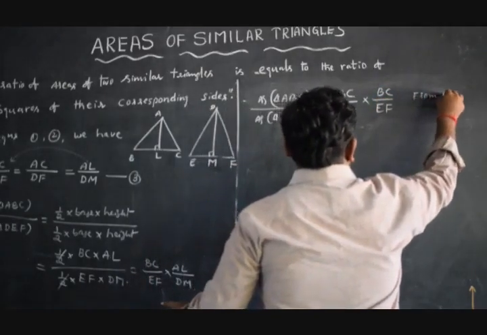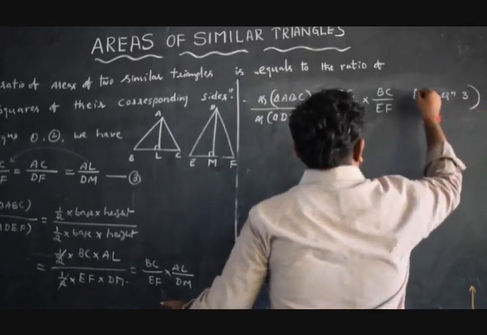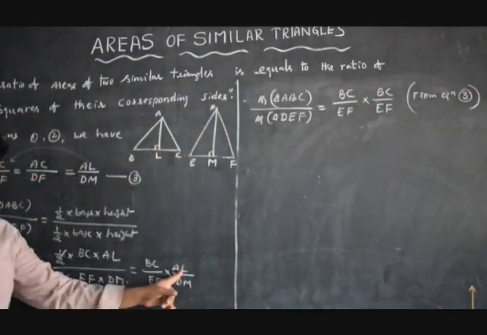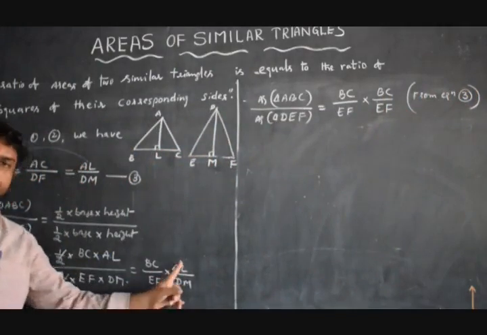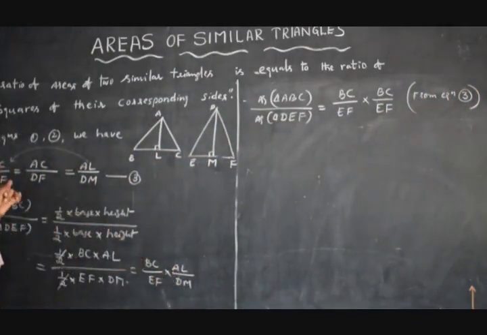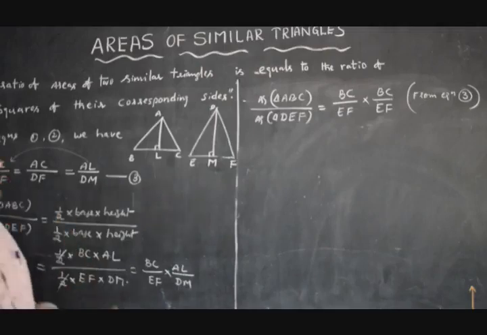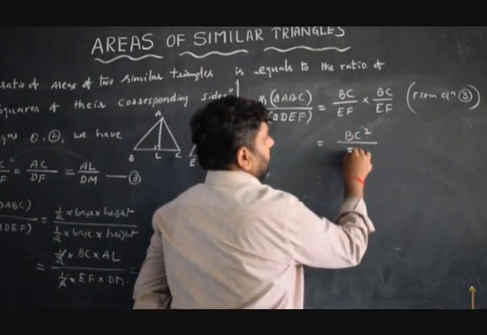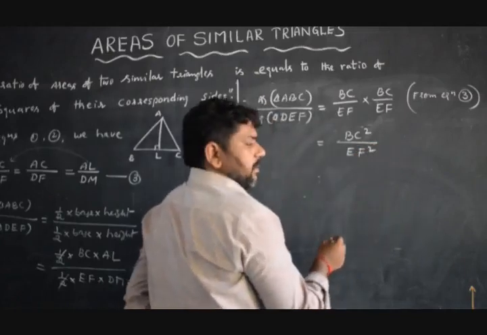This is from equation 3: in the place of AL by DM we can take BC by EF, since AL by DM is equal to BC by EF. From this we get BC square by EF square.